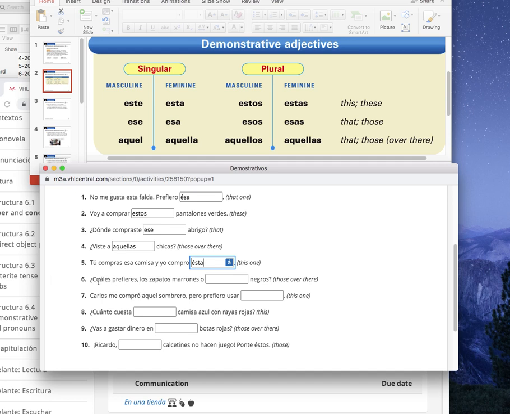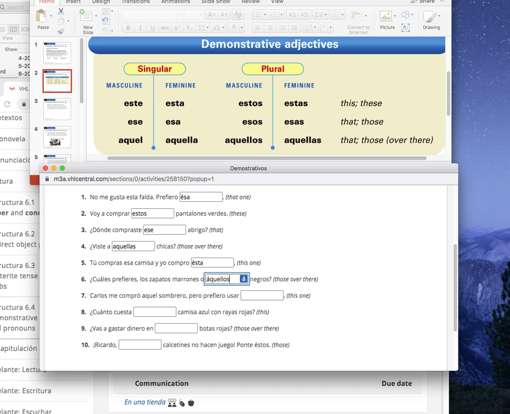Número 6. ¿Cuáles prefieres? ¿Los zapatos marrones o those over there negros? Pause. And we're back. So notice those over there is a pronoun, because we're not saying those shoes over there. So we have to use the accent, and we're referring to los zapatos, which is masculine and plural.